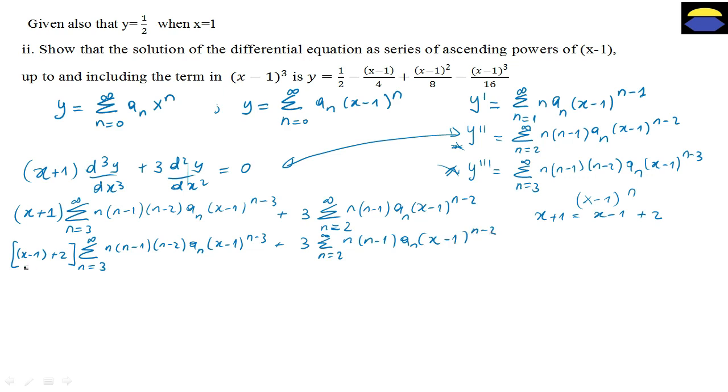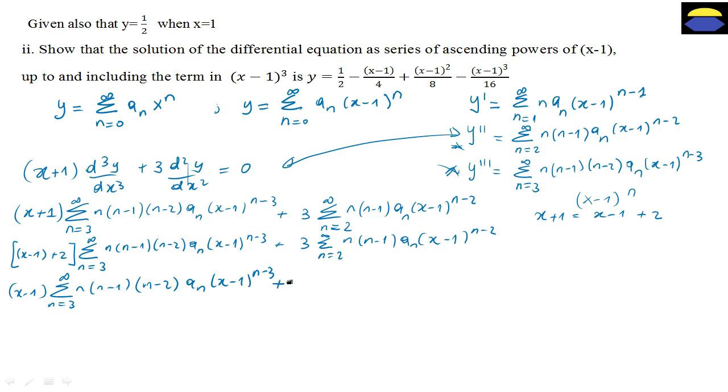Once I've done that, I have to distribute this expression. So I have x minus 1 into the sum of n minus 1, sorry, n minus 2, a sub n.